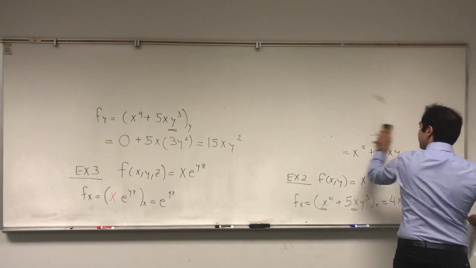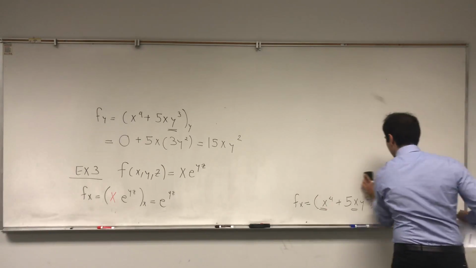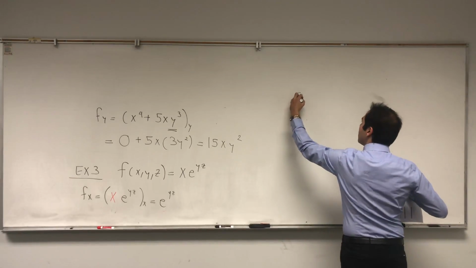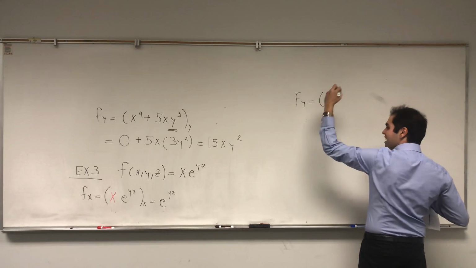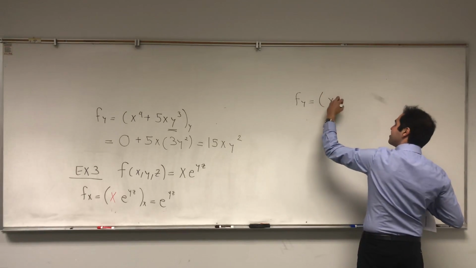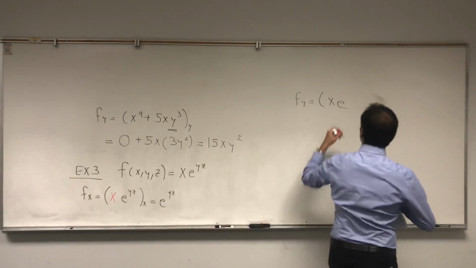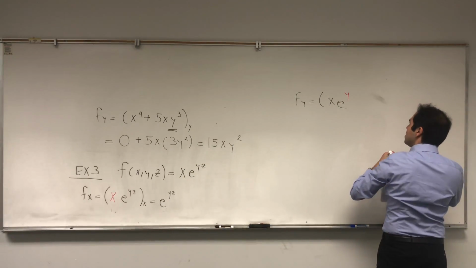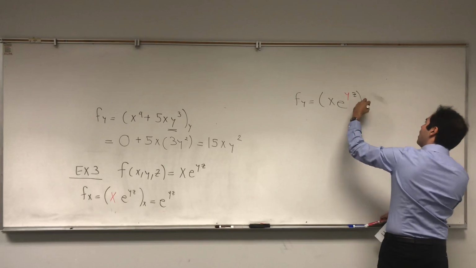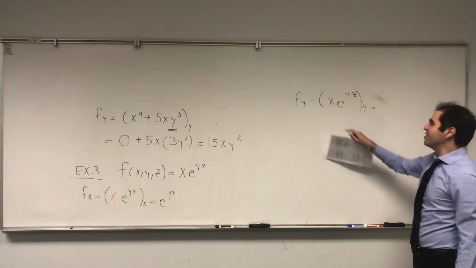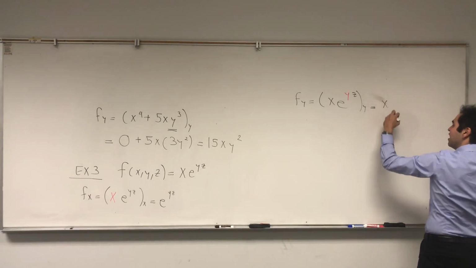On the other hand, you have f_y, which is, again, the derivative of x e to the yz with respect to y. And look, x here becomes a constant with respect to y, so we leave it alone.